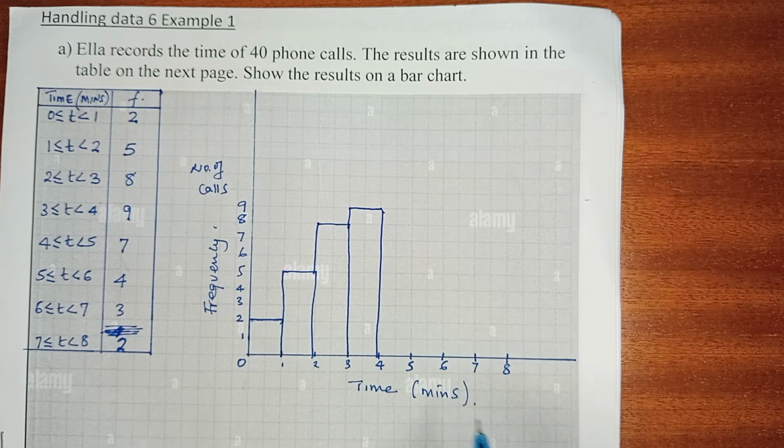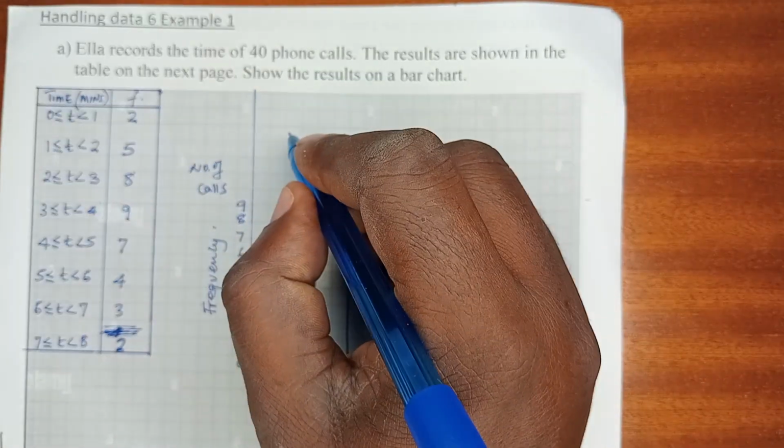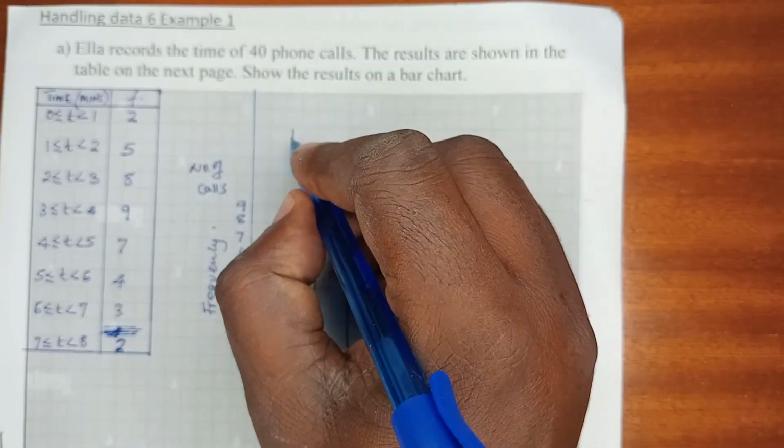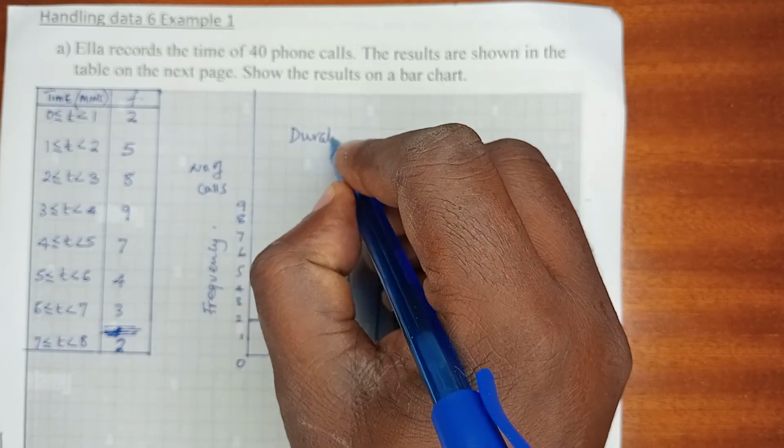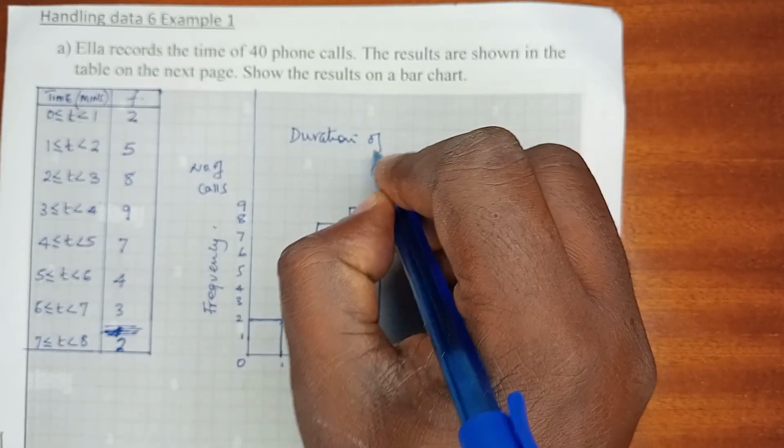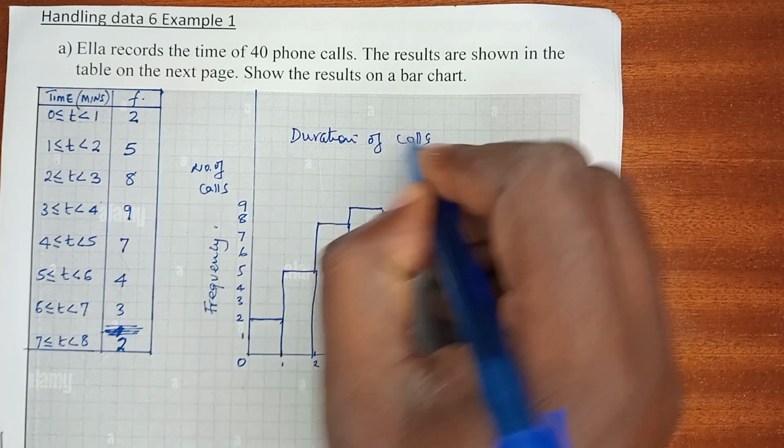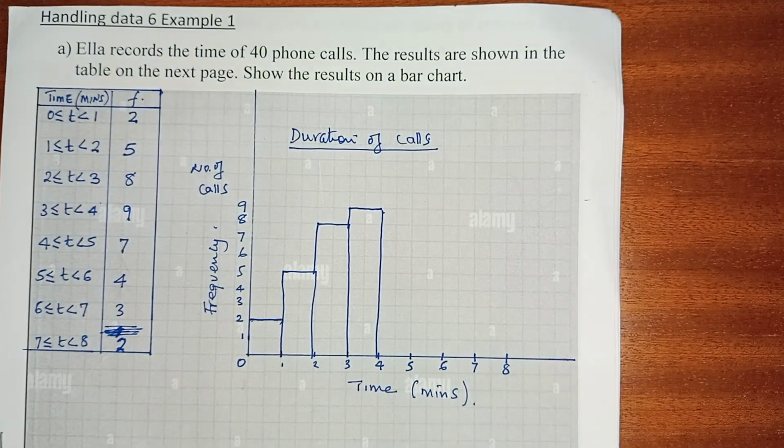This is time in minutes. And the title of the graph can be probably duration of calls. We can have that title.